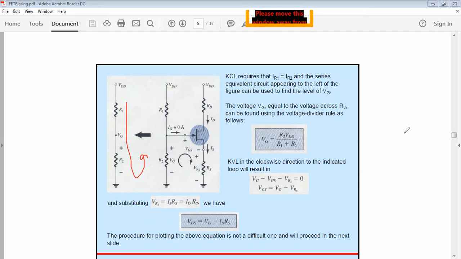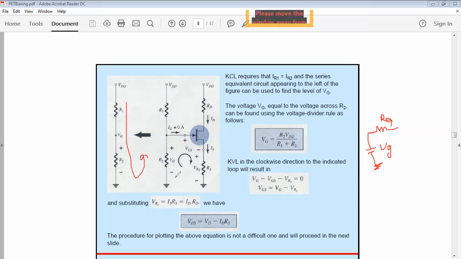Now what does the circuit become? There is one resistor RG, and then one voltage source, that is VG.